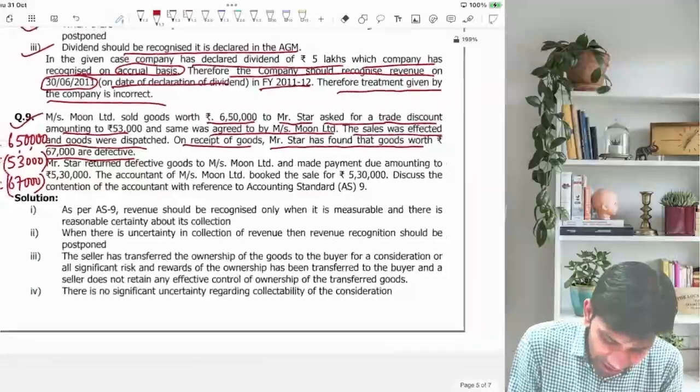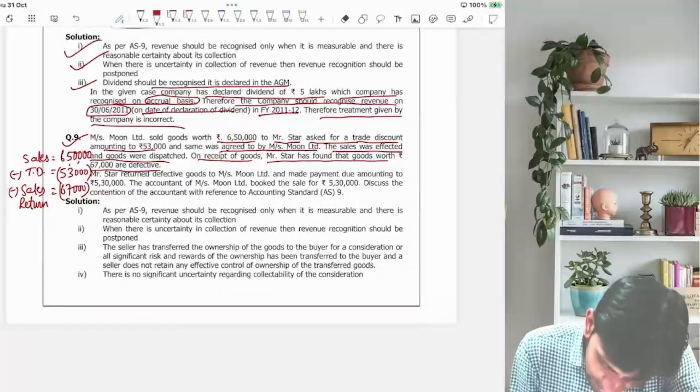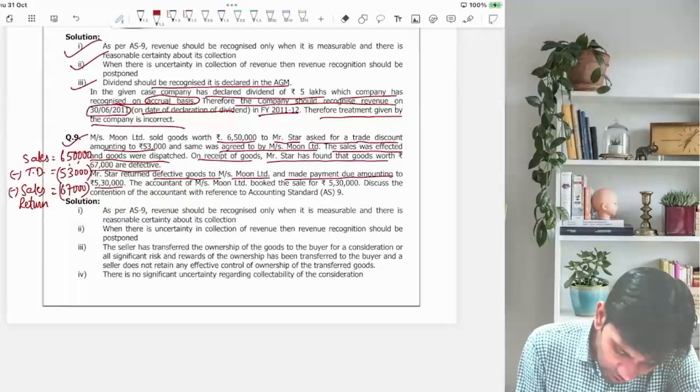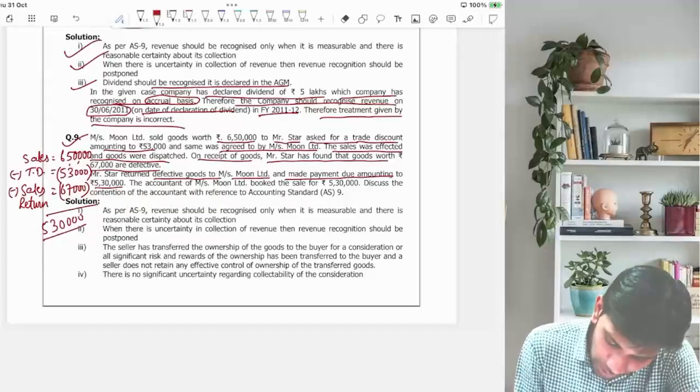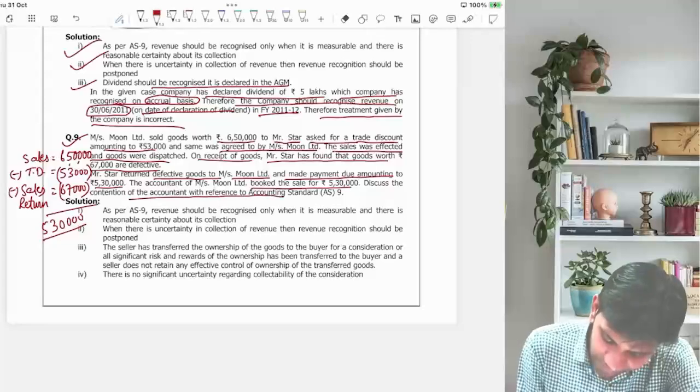Fine. Mr. Star returned defective goods to Moon Limited and made the payment due amounting to 5,30,000. So after deducting this, Star made the payment of 5,30,000. The accountant of Moon Limited booked the sale of 5,30,000. Discuss the contention of the accountant with reference to accounting standard.